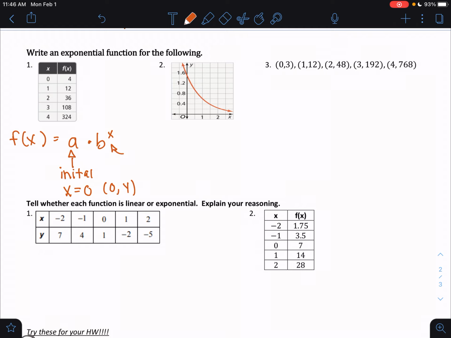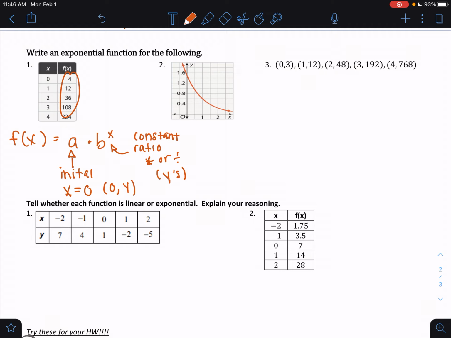And then b, that's our ratio, our constant ratio. And we figure this out by seeing what are we multiplying or dividing by each time, and that's for the y's.